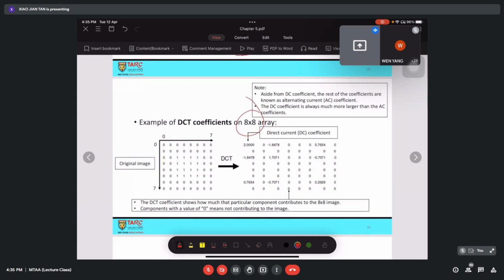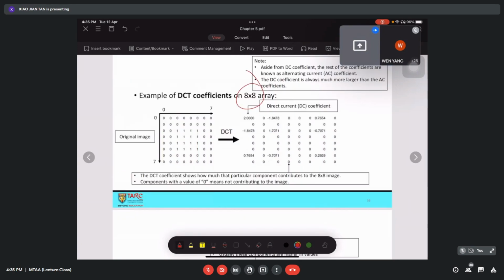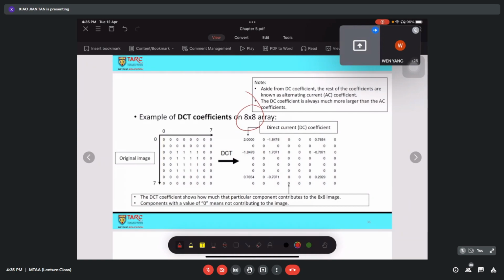The reason why the DCT coefficient is processed in 8 times 8 or sometimes 16 times 16 is that this is decided by JPEG, one of the reasons. But the motivation behind this is that 8 times 8 has the best trade-off between quality and time.